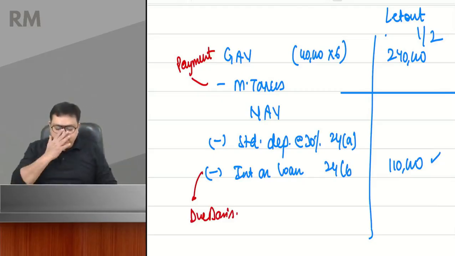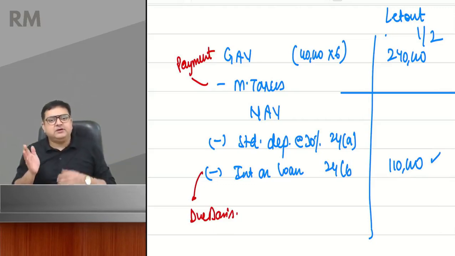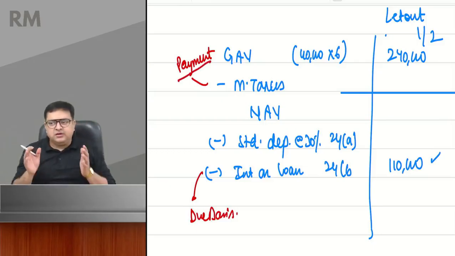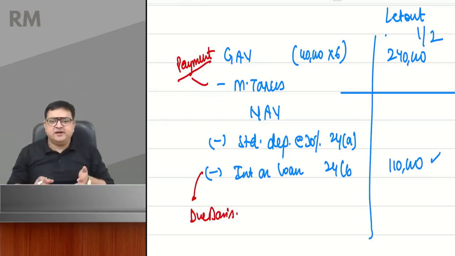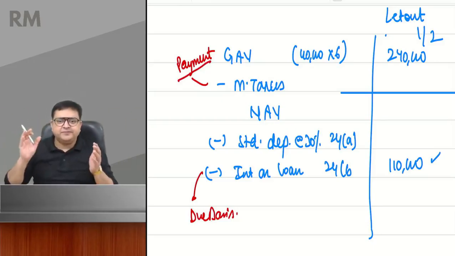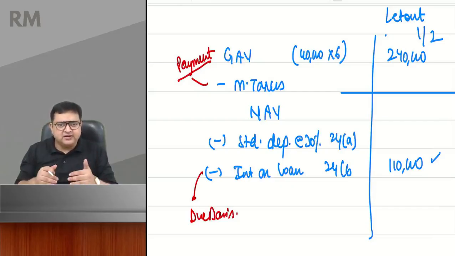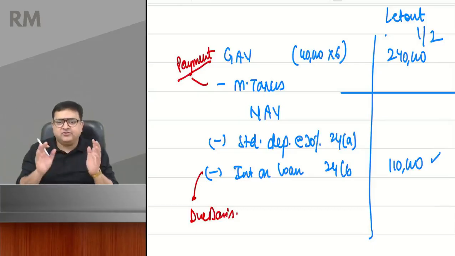In house property, municipal taxes are only allowed which are paid by the landlord, and that too if it is paid during the previous year. What is payment basis? You all know. Whether this expense relates to last year or to any future year does not matter. Payment basis means whatever you have paid during your previous year, during these 365 days, whether it belongs to this year, last year, or a future year, does not matter.